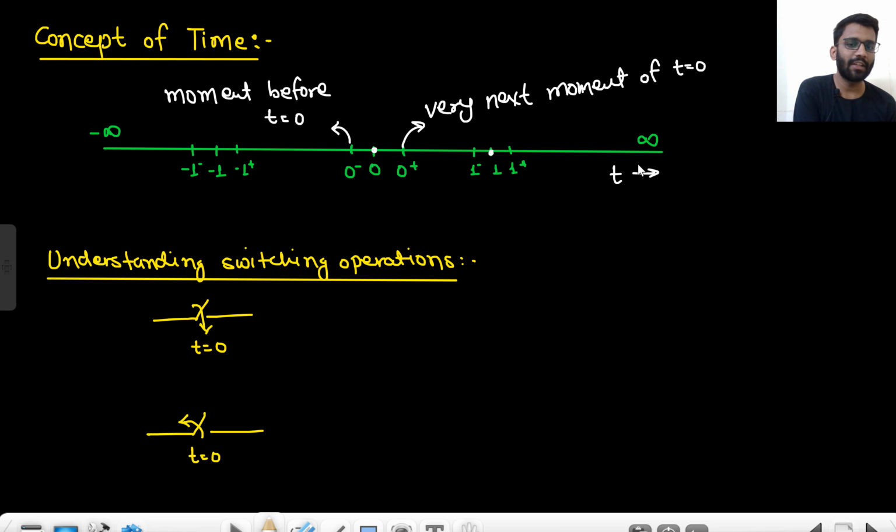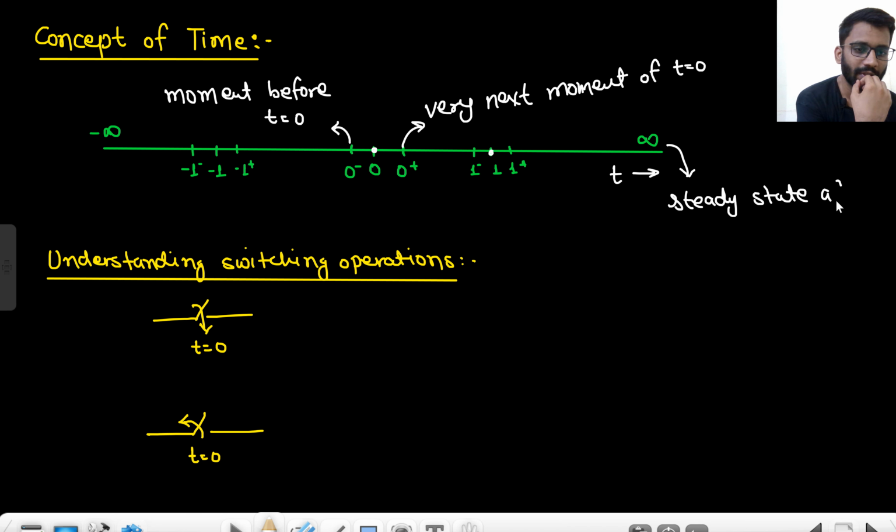Now what is t equals infinity? This is steady state. Steady state after the final operation of switch.